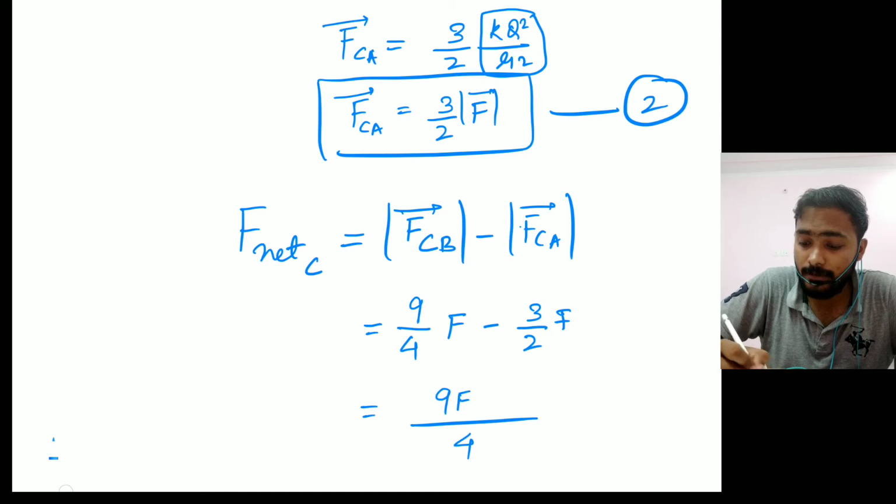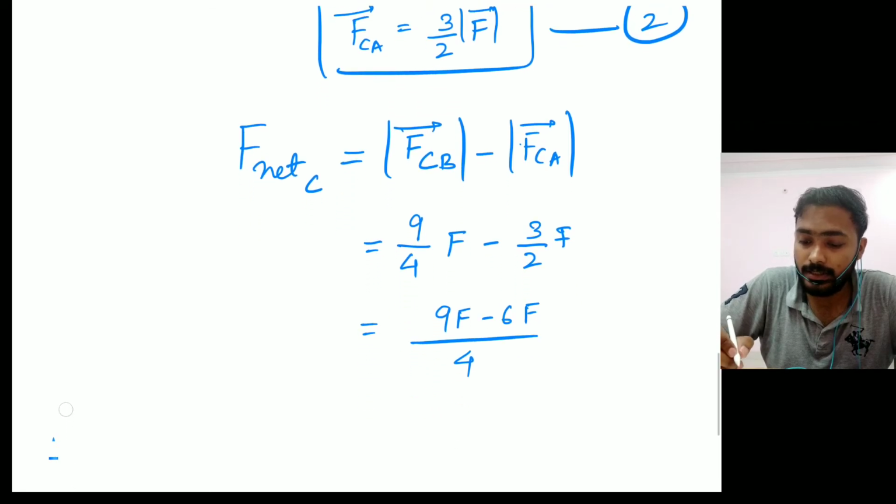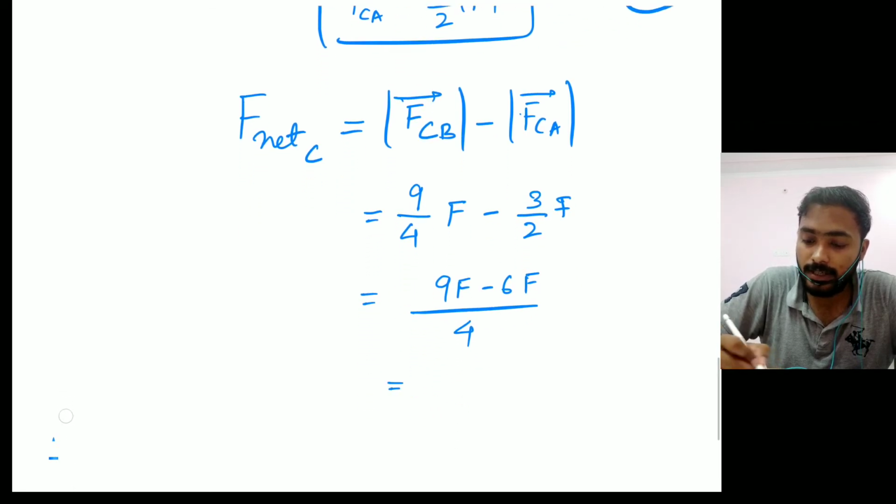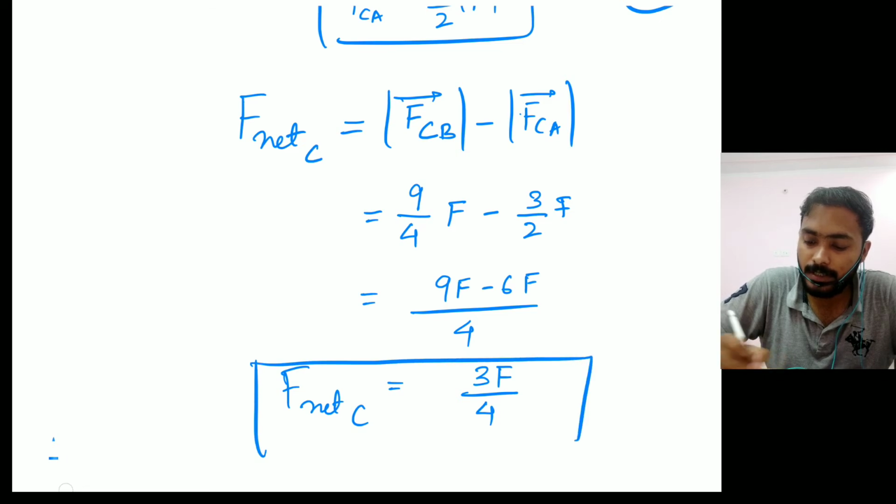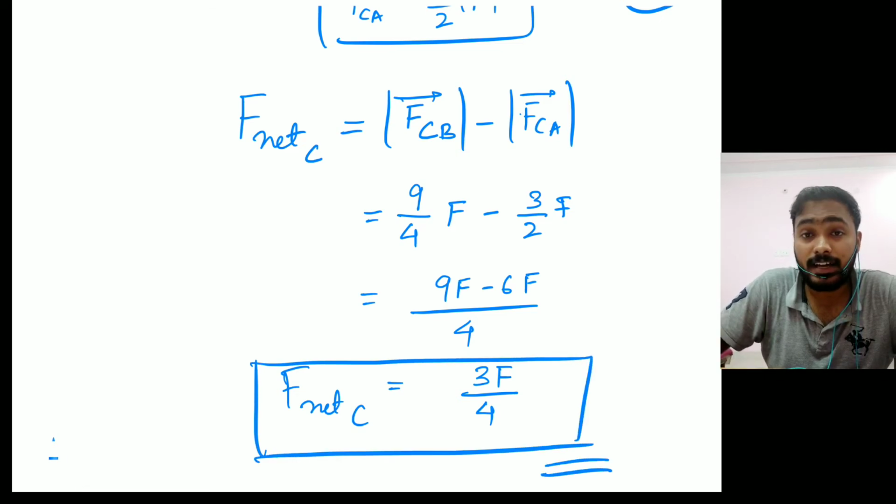This is 9F minus 6F. I hope that's understandable. Okay, great. So you will get 3F by 4, the F net on C. I hope that is understandable. 3F by 4 is your final answer.